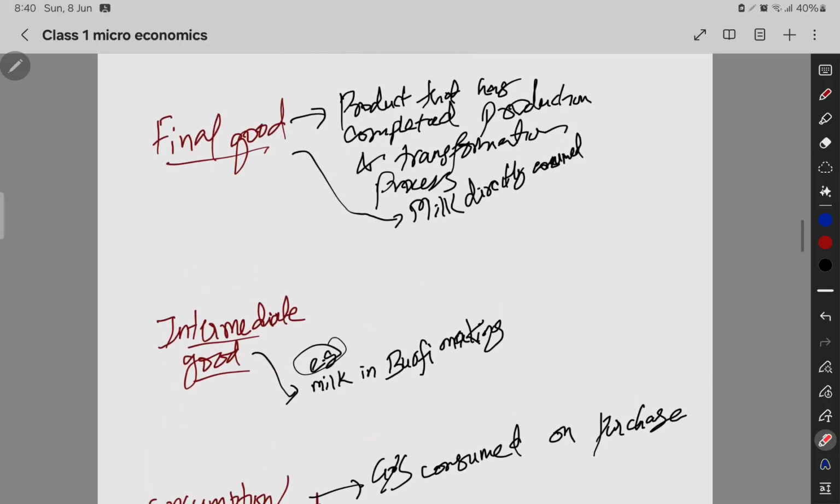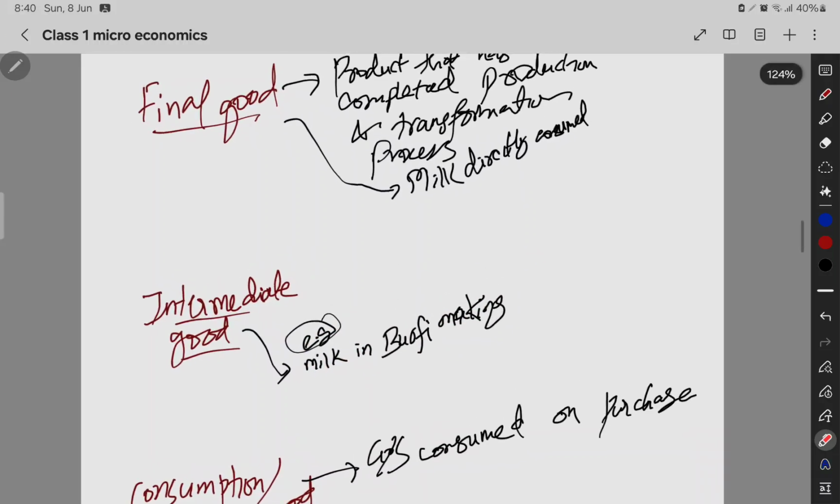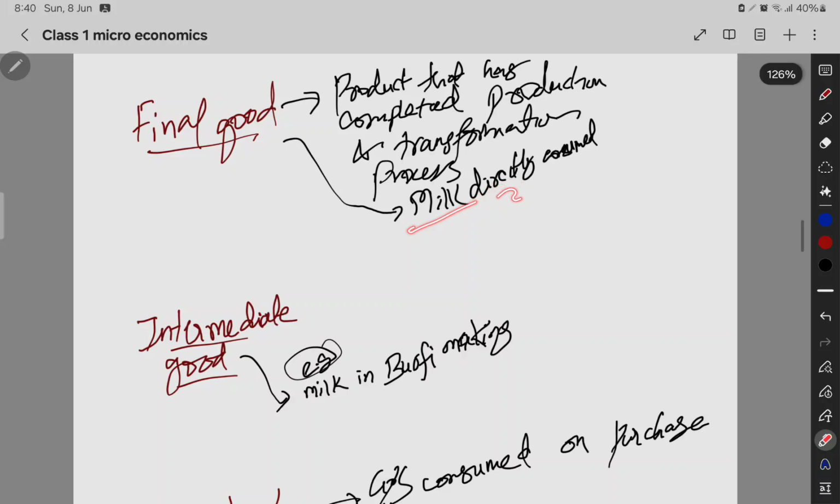For example, when you are making barfi, you are using milk as an intermediate good. Therefore milk in the case of barfi making is an intermediate good, but milk sold directly to the customers as a product is a final good. So milk can be a final good or an intermediate good depending upon the scenario.